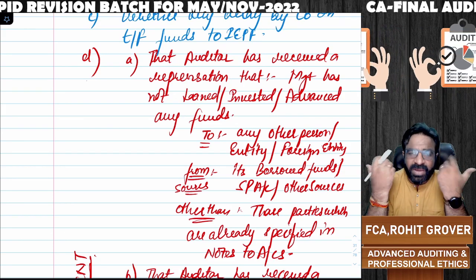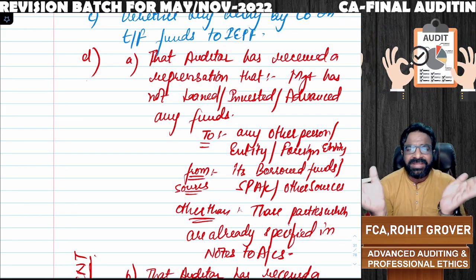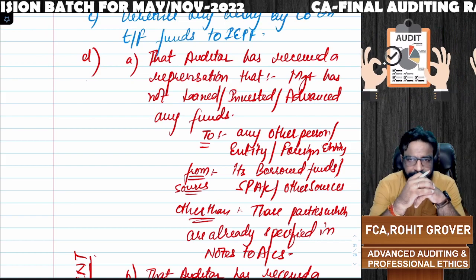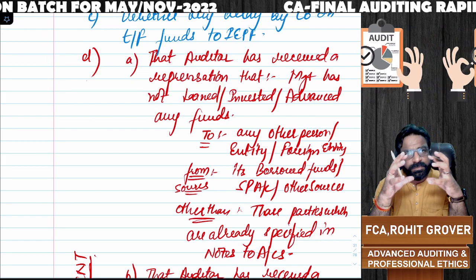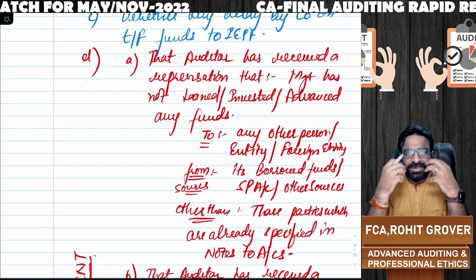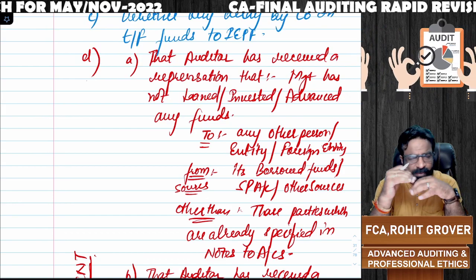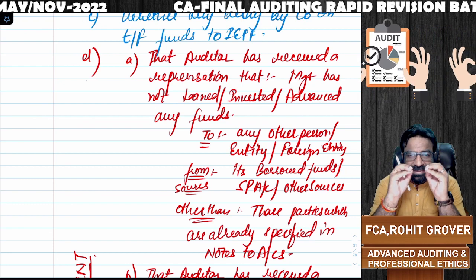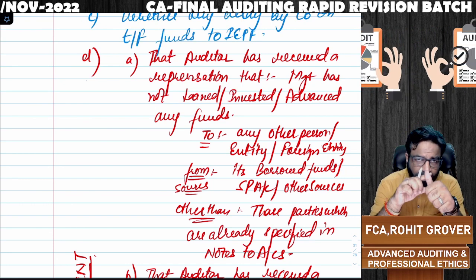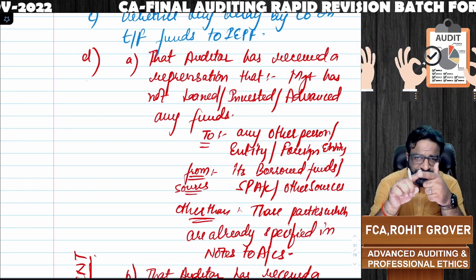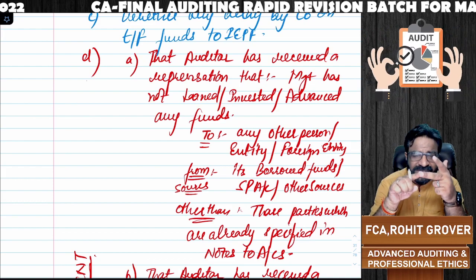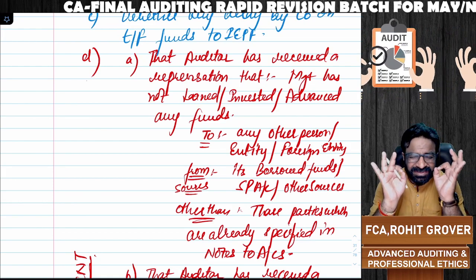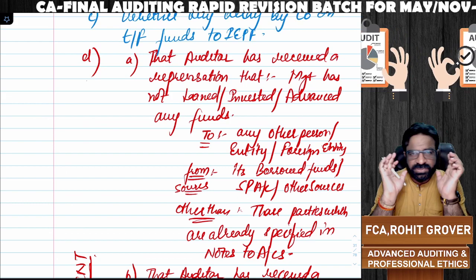to any person or entity or foreign entity from its borrowed funds or from its securities premium account or from other sources, whatever the sources may be, whenever your client gives any kind of loan, makes any kind of investment, gives any kind of advance, it has to mention that in the notes to accounts.